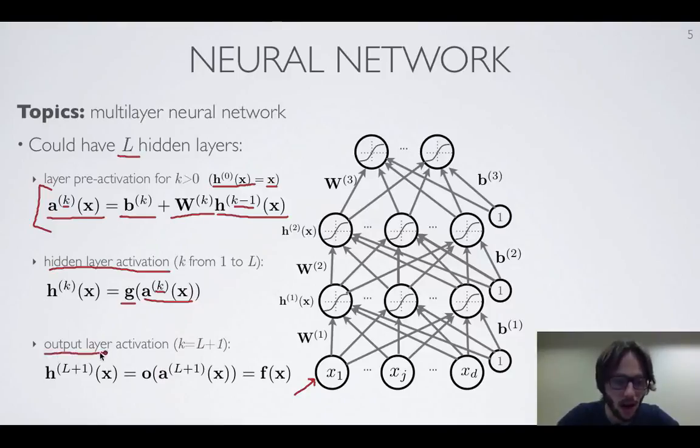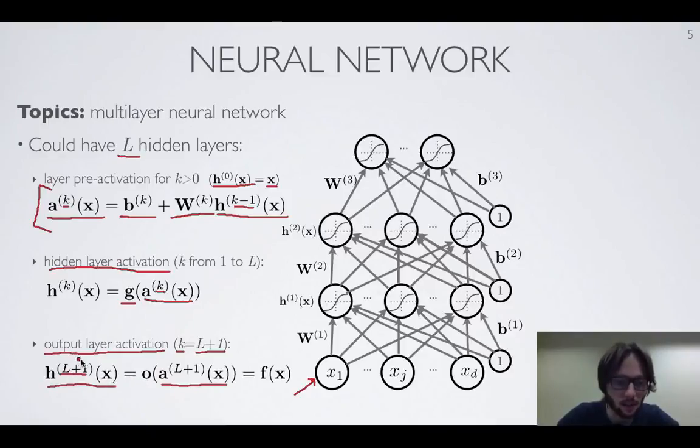Then to get our output layer activation, which corresponds to the layer index k equal to L plus 1, where L is the number of hidden layers, h_{L+1}(x) is again the pre-activation passed through an activation function.